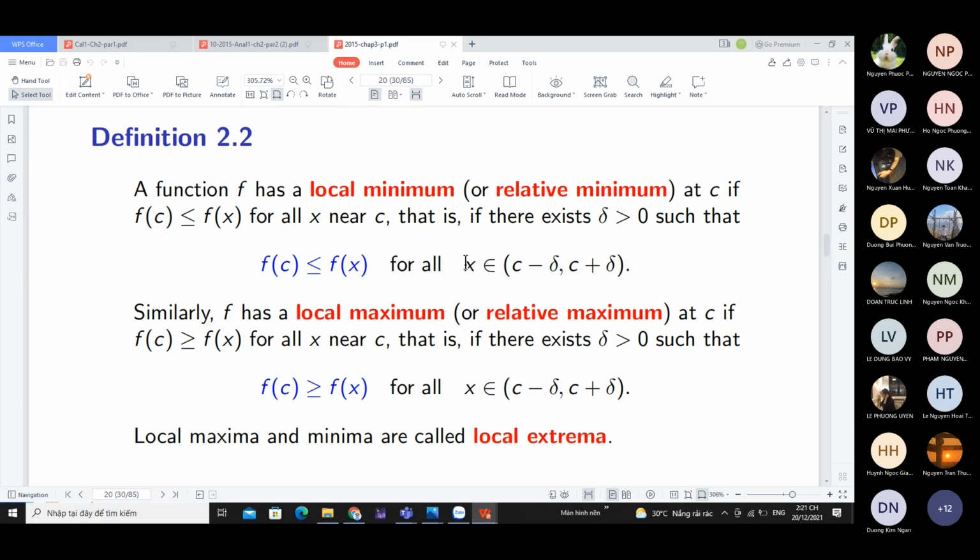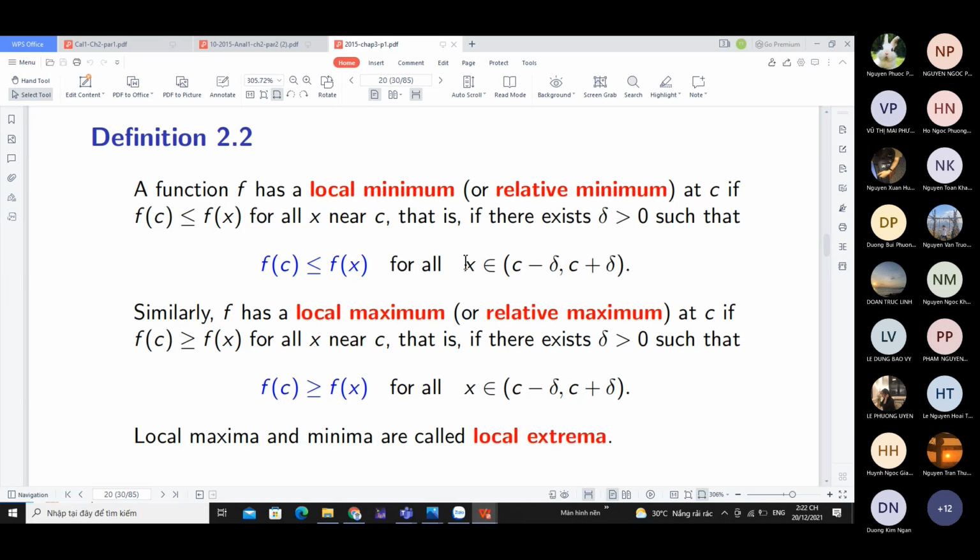Similarly, if the function f has a local maximum at c, by definition, the function f is said to have a local maximum or relative maximum at c if there exists a number delta so that f of c is the maximum value of f on the interval c minus delta, c plus delta.